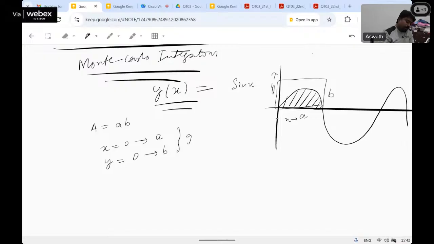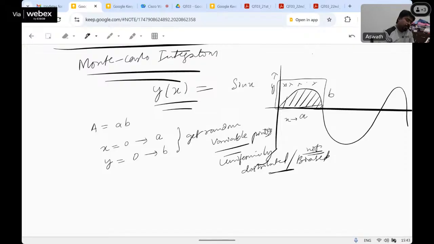Random points means points that are uniformly distributed. They should not be biased.